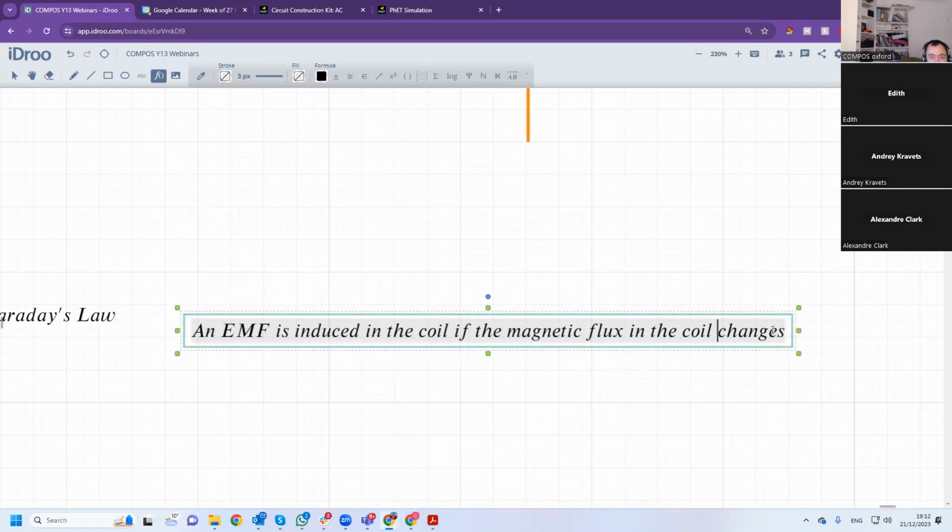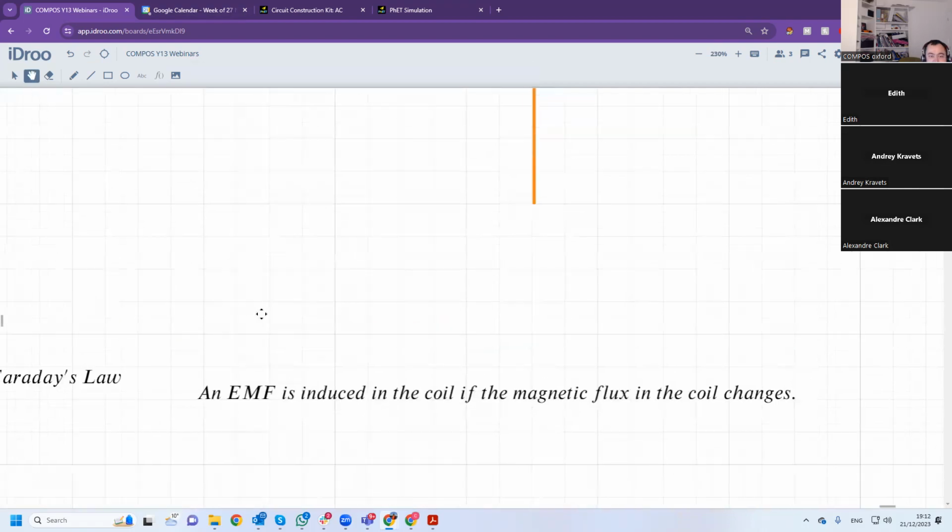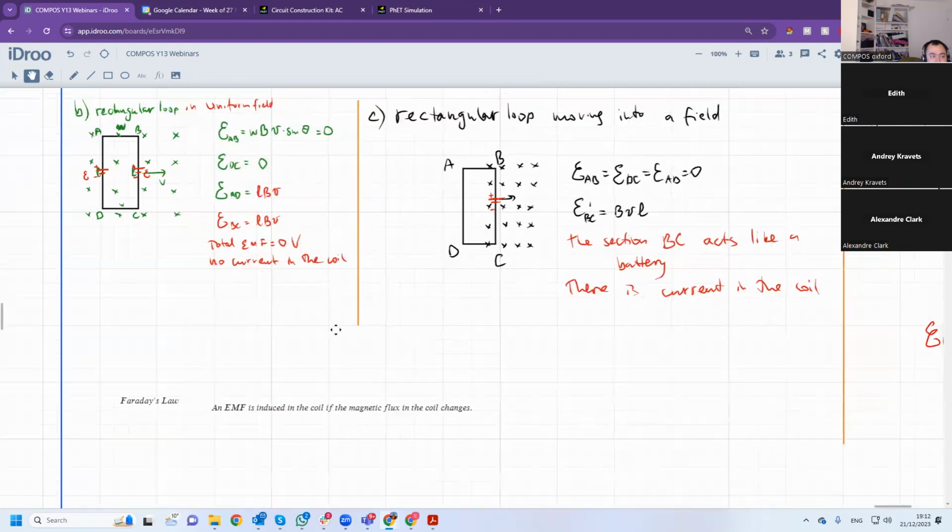The simplest way to say it is if the magnetic field in the coil changes.